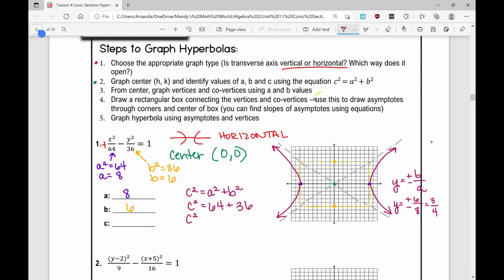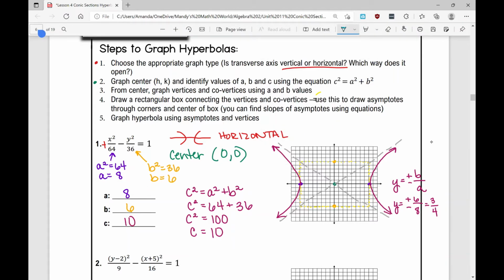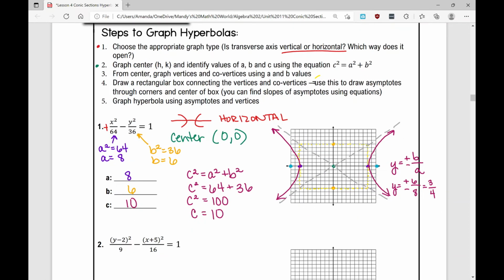When I add 64 plus 36, I get 100. And then to undo this equation, I'm going to take the square root of it, and I get 10. Which means the foci are 10 units away from that center point. So here's a focus, and here's a focus. Okay? So let's move on to example number 2.